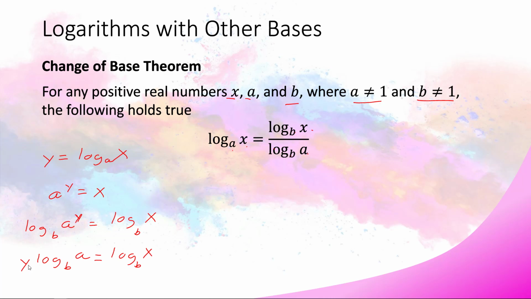All right, well, now I have this, which is what I'm looking for, so I can divide both sides by log base b of a, and I will have that y is equal to log base b of x divided by log base b of a.